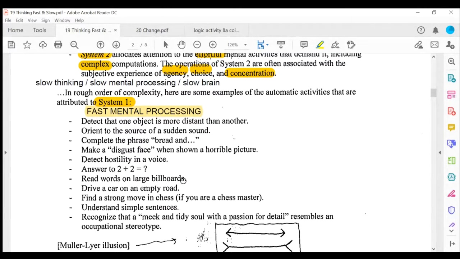Reading words on a large billboard, by the time you're literate, you're able to read. Reading doesn't take a lot of effort, at least just a single word on a billboard. Driving a car on an empty road, this one's kind of freaky. Have you ever noticed yourself just tuning out while driving? I used to deliver pizza, so I've driven all the time.